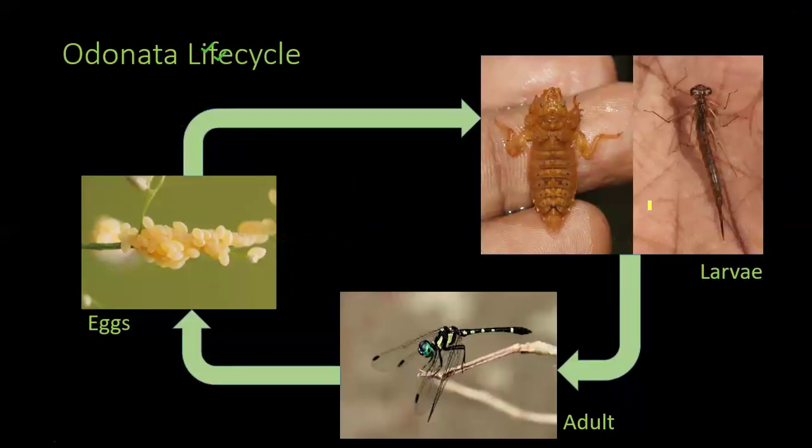Right. Life cycle. When it comes to the odonate life cycle, if you are familiar with general insect life cycles, there are two different strategies that they usually take. There are species that undergo complete metamorphosis, and there are species that undergo incomplete metamorphosis. Odonates are a group of insects that show incomplete metamorphosis.